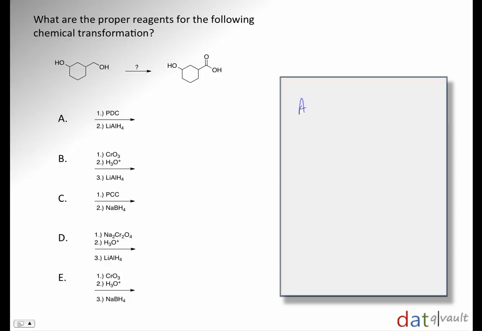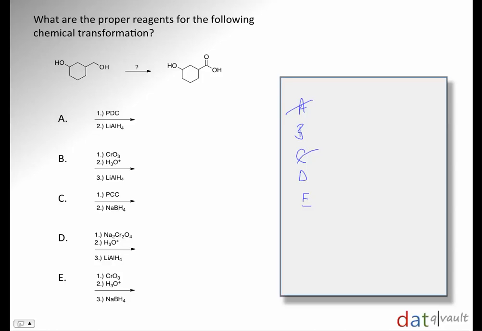So we can start actually eliminating some choices that way. We can eliminate A because PDC is not a strong enough oxidation agent to oxidize all the way up to the carboxylic acid. Also, we can eliminate C because PCC will do the same thing. So now we're left with either B, D, or E.